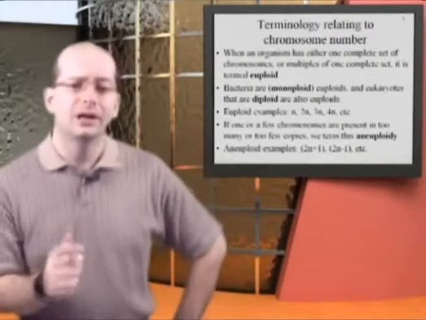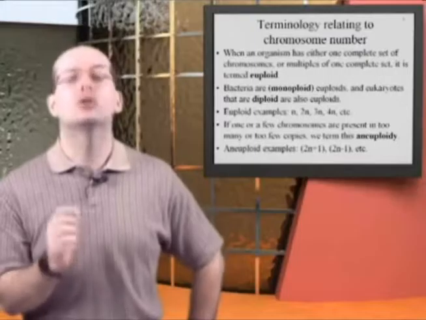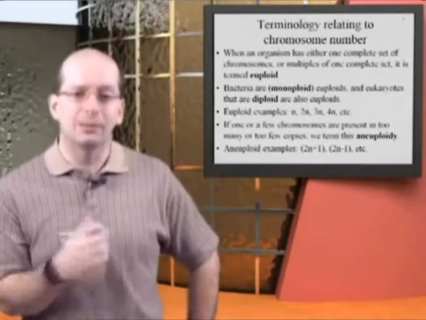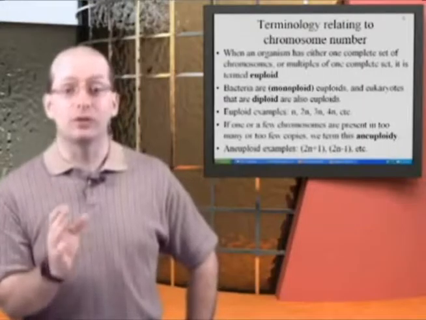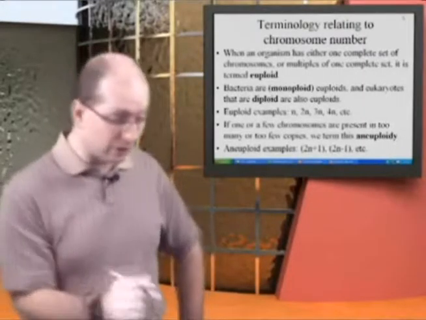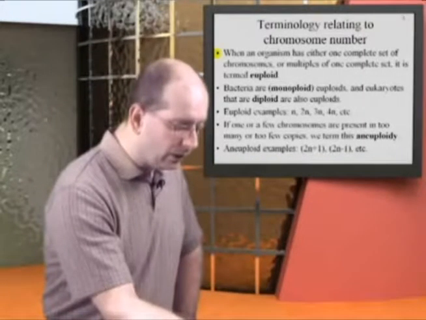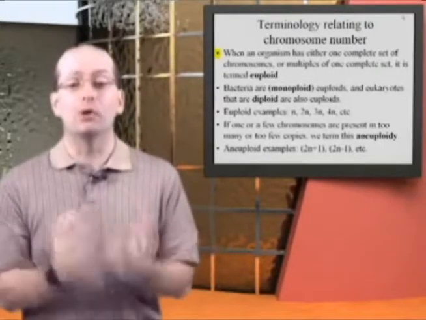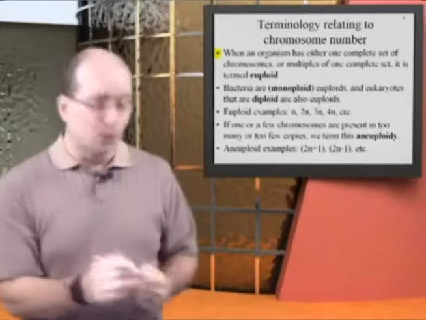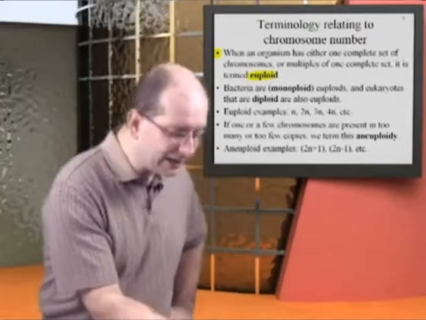So firstly, we need to get down some general terminology, and I sort of implied this, but we want to be very clear about it, relating not just to this lecture, but to other sessions. So when an organism has either one complete set or multiples of one complete set, we say that they're generally euploid.